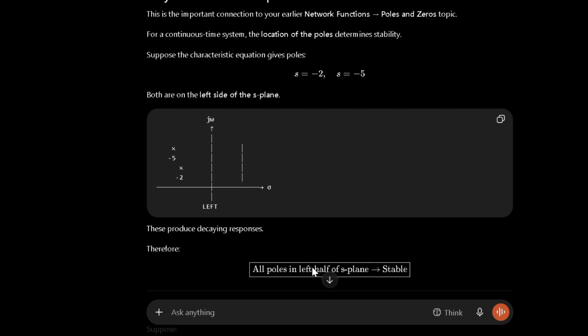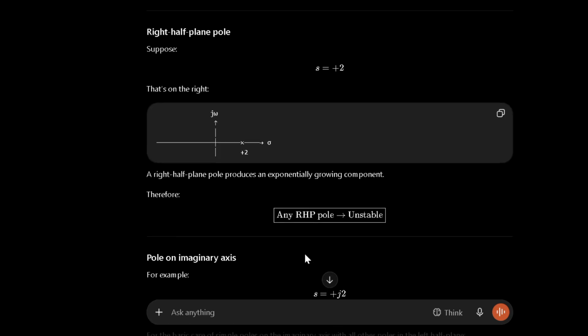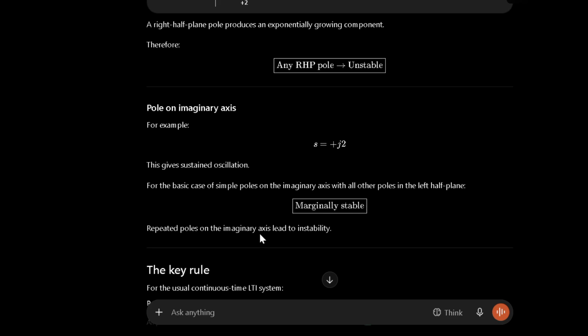If the values come into the right plane, they are unstable. And if the values are fluctuating, on the imaginary axis, then it is marginally stable. It's simple to understand. This is the foundation of the Routh equation.